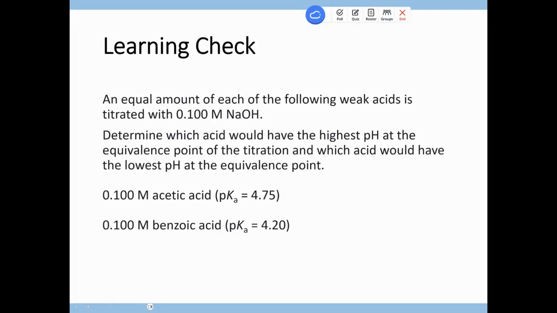So the question is, they're both titrated with 0.1 molar NaOH. Which of these two acids would have a higher pH at the equivalence point? And then the other one would have the lower pH. So think to yourself for a moment and then discuss with someone around you. pKa's are provided for a reason, so consider why the pKa's are there, what information that gives you.